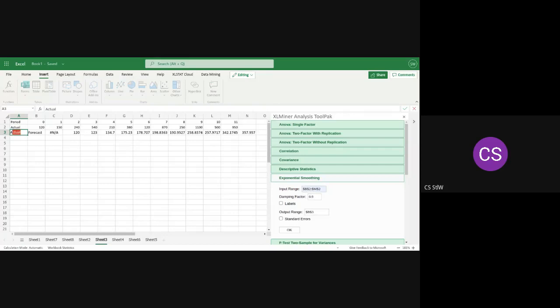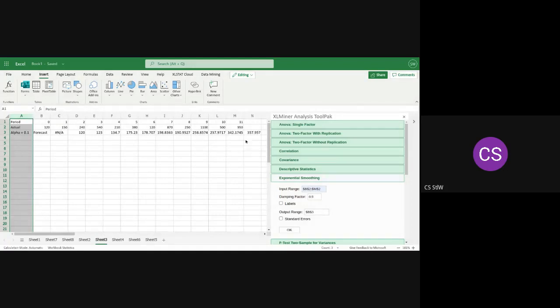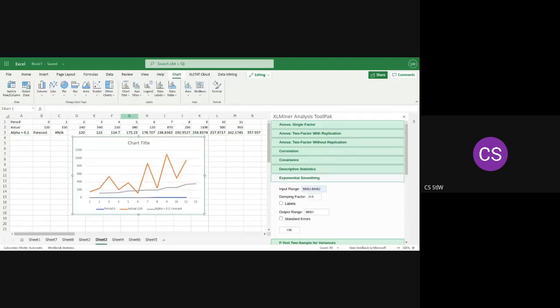Alpha is equals to 0.1. So let me just increase this. Let me plot this now. So you can see it has smoothened out the peaks and the valleys of that data set.